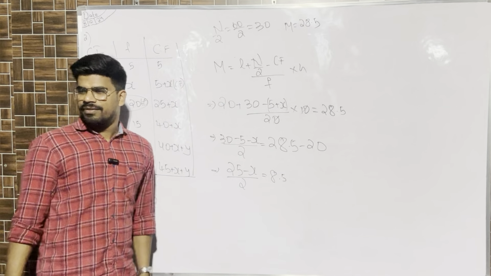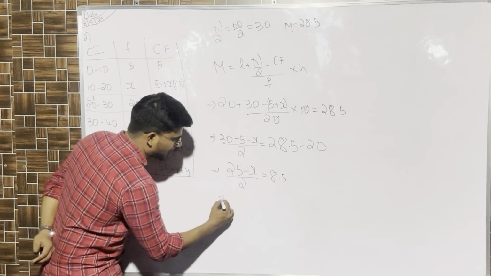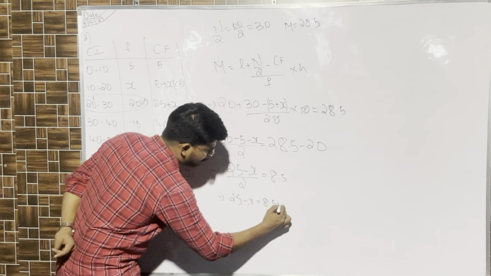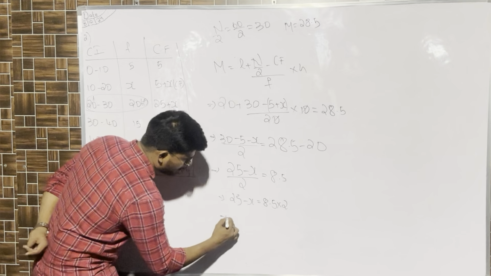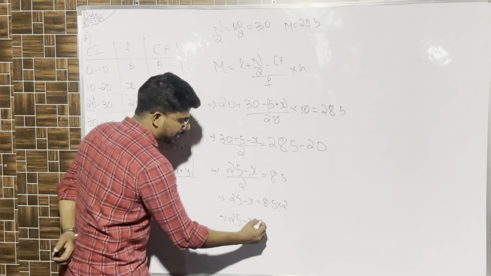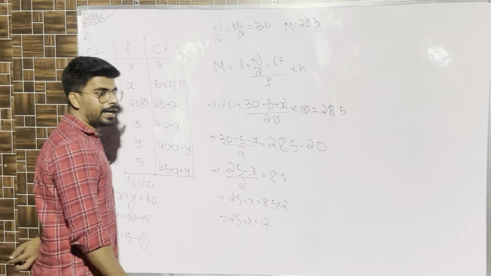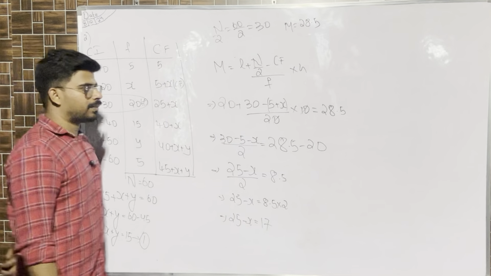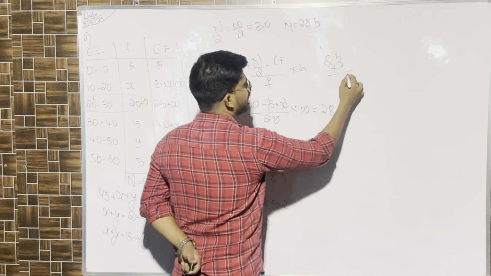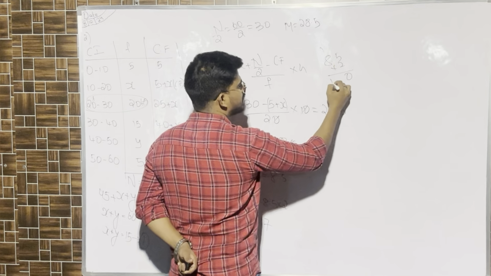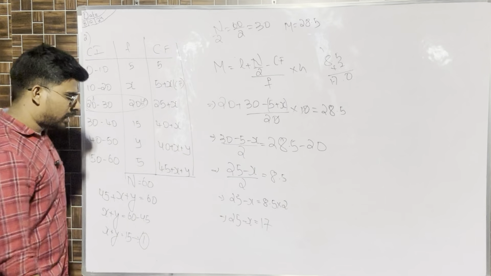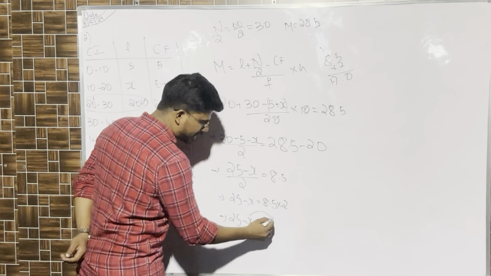If I send it over here, it will become multiplication. 25 minus X is equal to 8.5 into 2. 25 minus X is equal to 17. 8.5 into 2 is 17. 2 5s are 10, 2 8s are 16 plus 1 is 17. After the decimal, 17.0 is nothing but 17. Right. Minus X is transferred this side, it will become plus X.